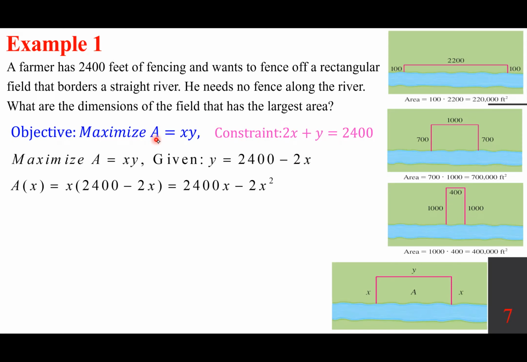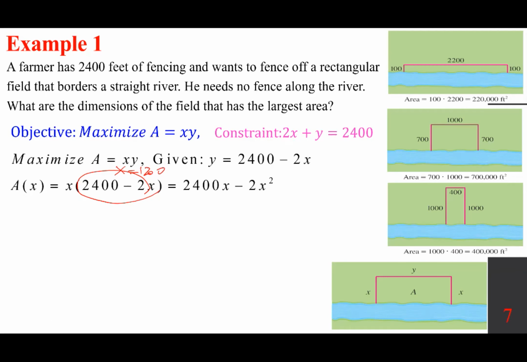We need to know the domain. On this, x represents dimensions. It must be positive. And also, if we set this one equal to 0, this results in x equals 1200.